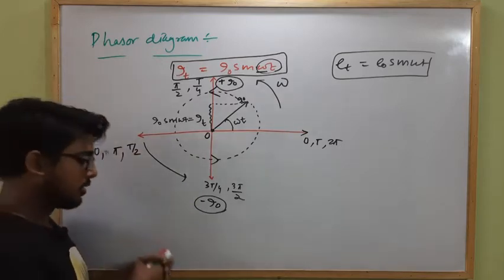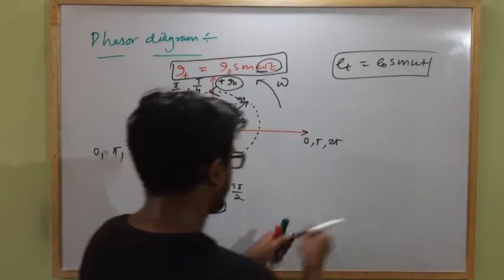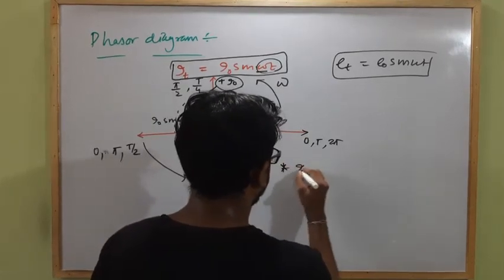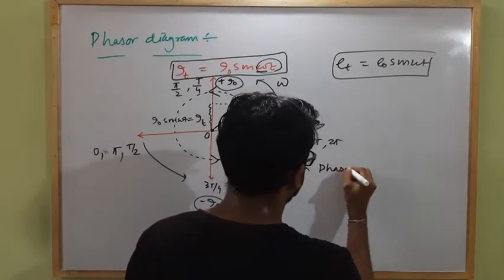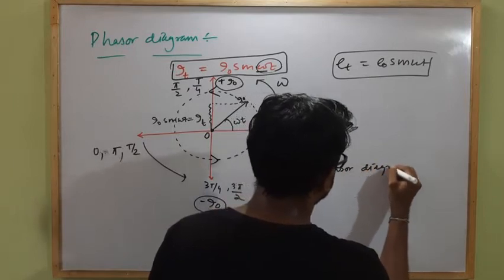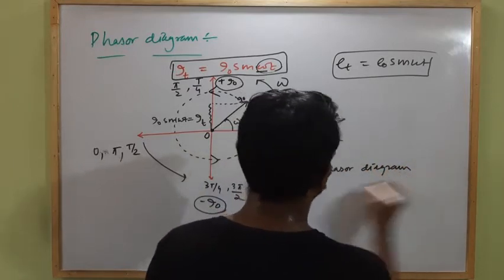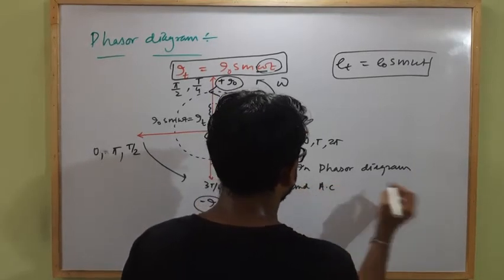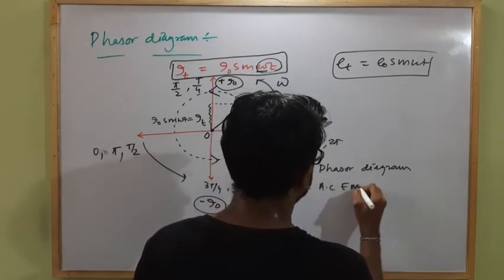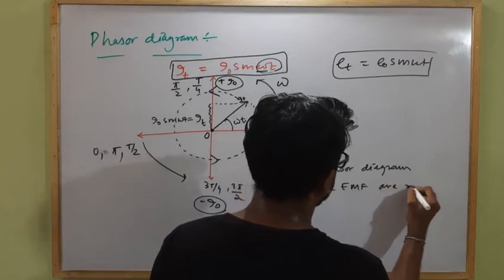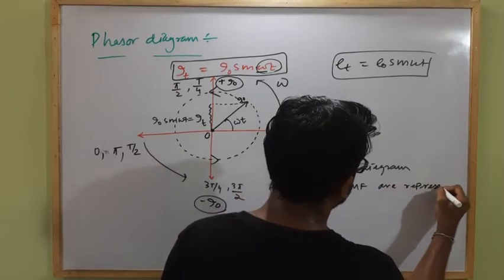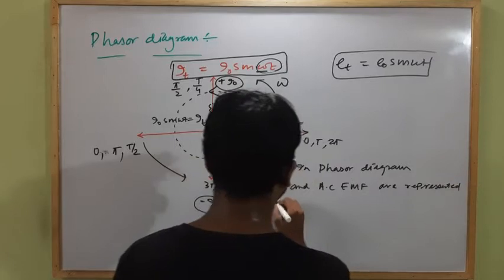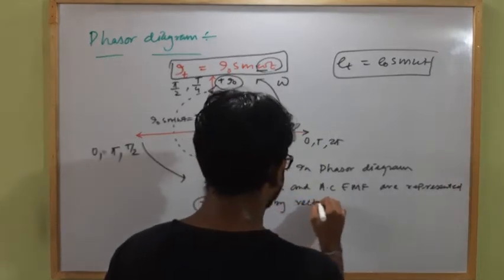Clear? You have to remember some points in phasor diagram. Alternating current and alternating EMF are represented by vectors.